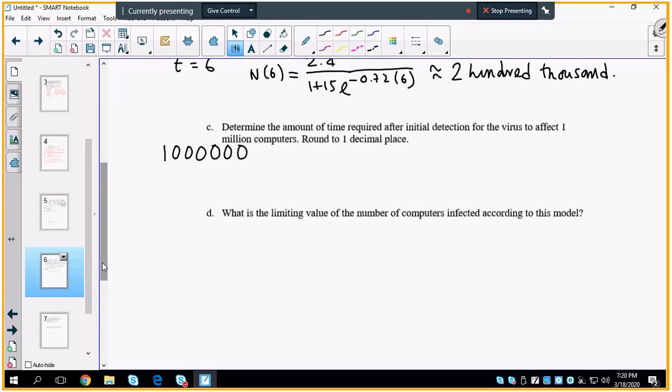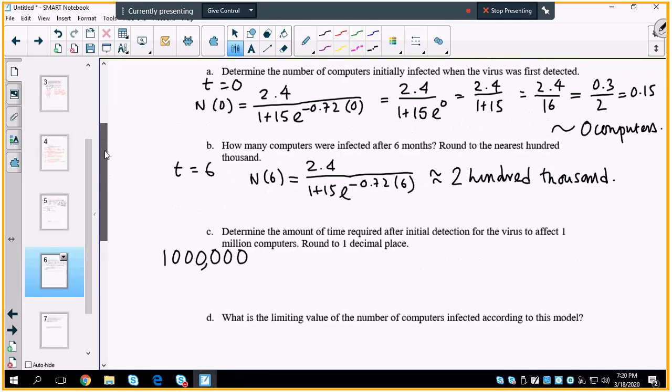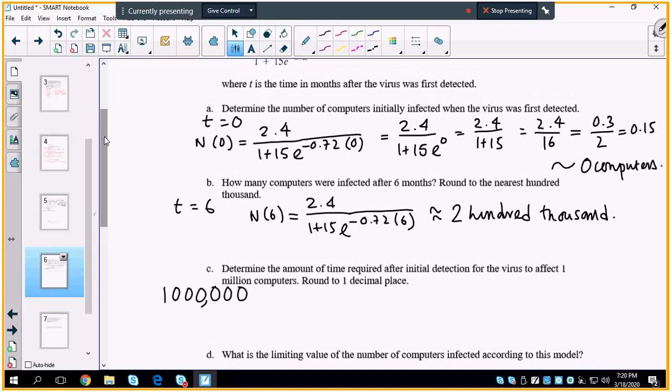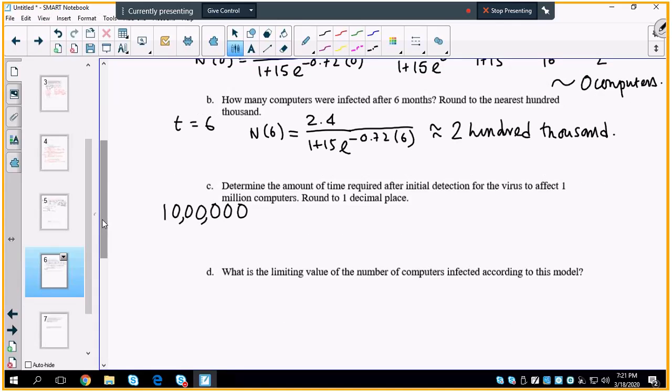So your units are in hundreds of thousands. So I'm going to say find the t when N of t is 10, because 10 hundred-thousands makes 1 million.